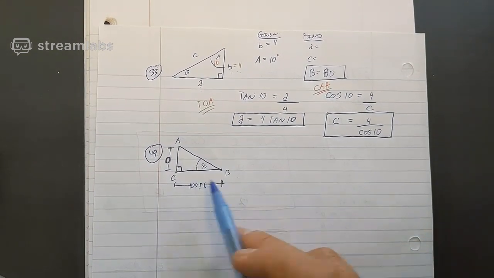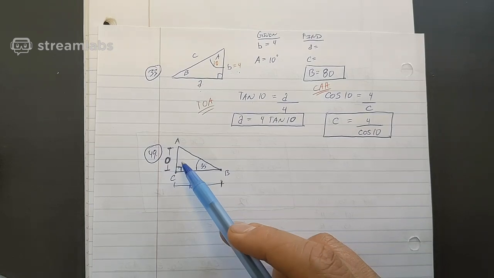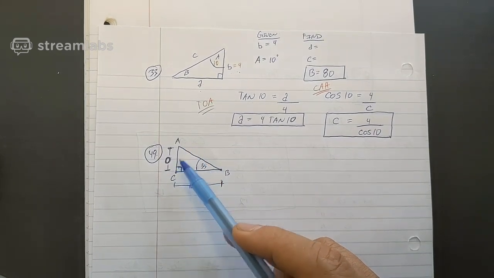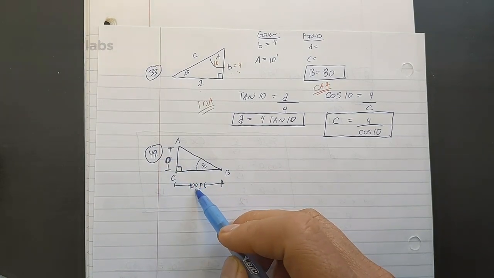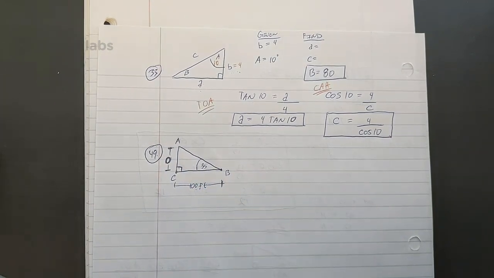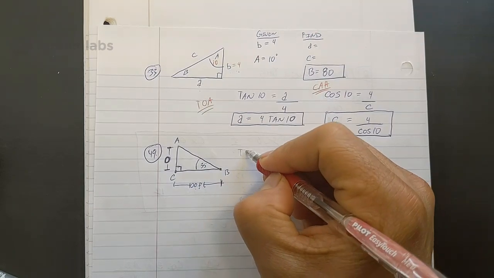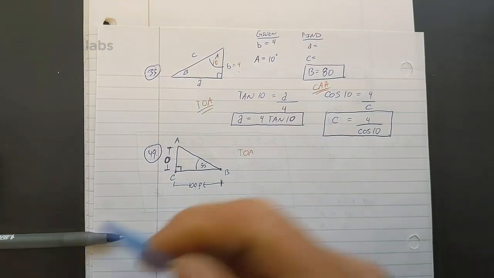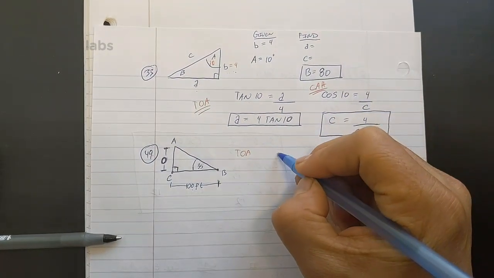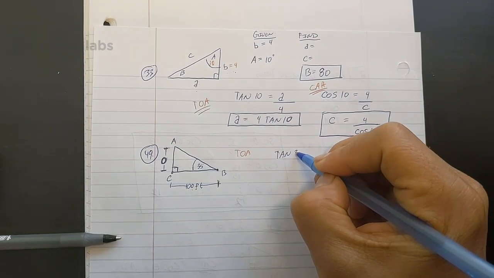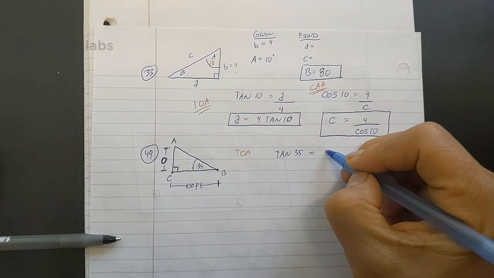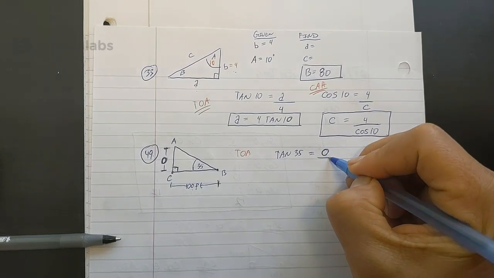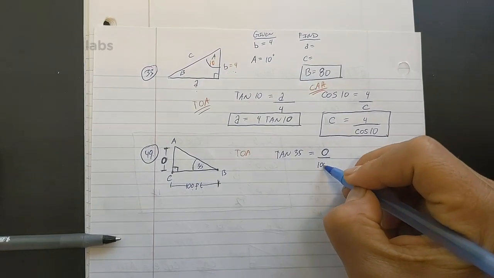So how do I find the length of AC here? Well, I have opposite over adjacent, which is basically TOA. So we have tangent 35 is equal to opposite over adjacent, which is 100.